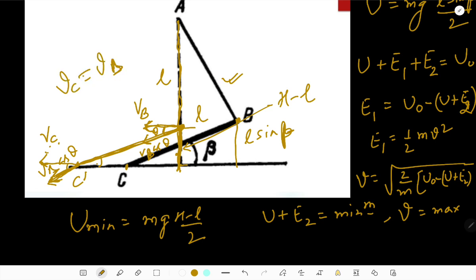And this is not just the matter of these two points. It follows that all points of the stick must move at this moment with the same velocity. All will have horizontal velocity.